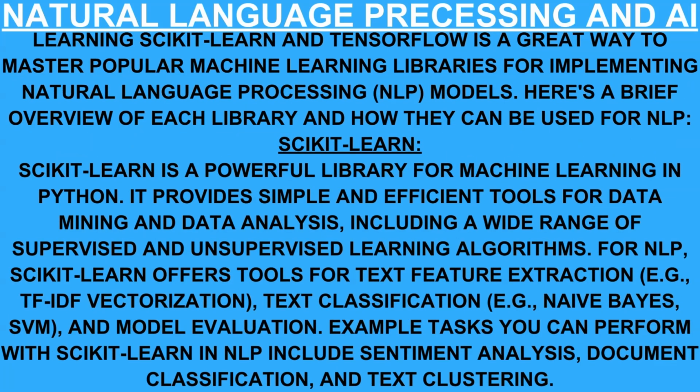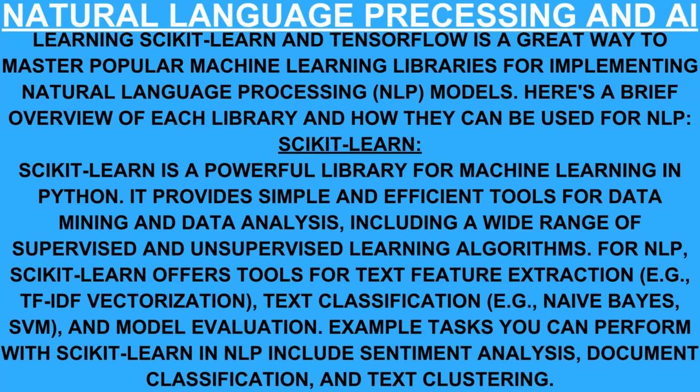Learning scikit-learn and TensorFlow is a great way to master popular machine learning libraries for implementing natural language processing models. Here is a brief overview of each library and how they can be used for natural language processing. Scikit-learn. Scikit-learn is a powerful library for machine learning in Python. It provides simple and efficient tools for data mining and data analysis, including a wide range of supervised and unsupervised learning algorithms.